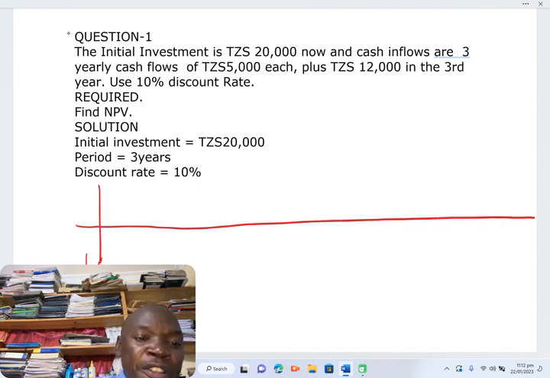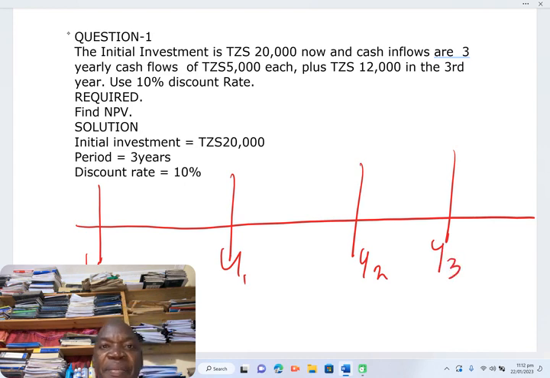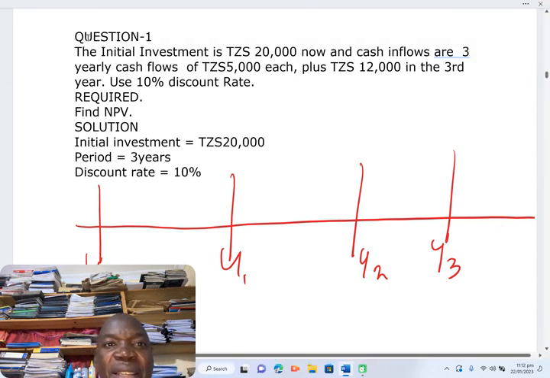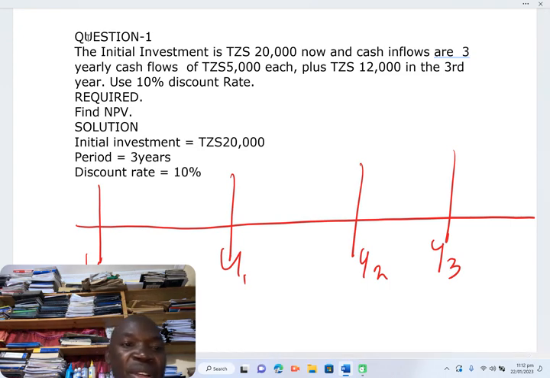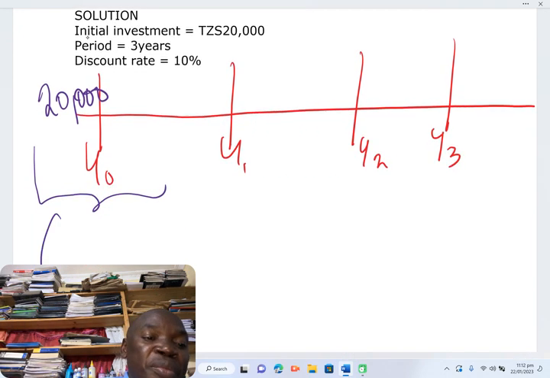So we have year 0, year 1, year 2, and year 3. He said investment in year 0 is ZS 20 million. Investment means this is cash outflow. So in year 0, we have cash outflow.